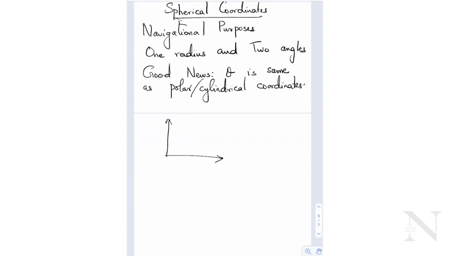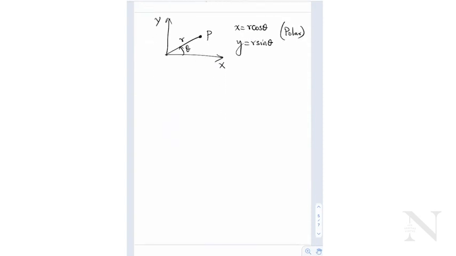This is what we had. I'm going to do this slowly. So this is your x, y, r, theta, and you wrote x equal to r cosine theta and y equal to r sine theta. That is from polar coordinates. So what we'll do is we will now define the x, y, z axes, and define my same point P here.